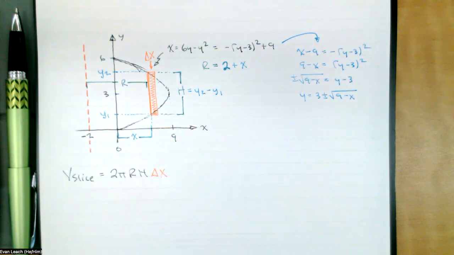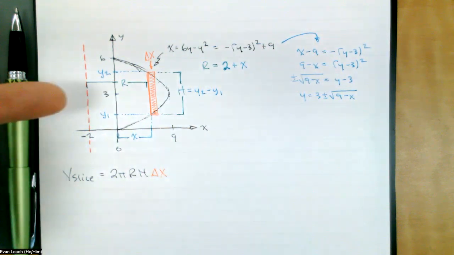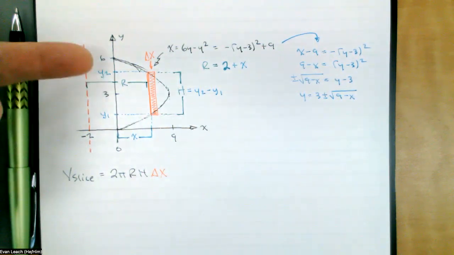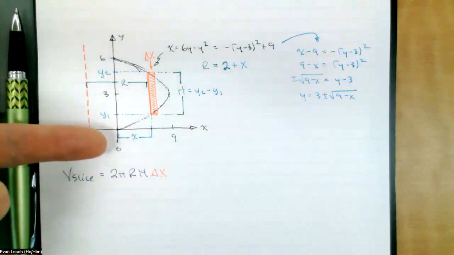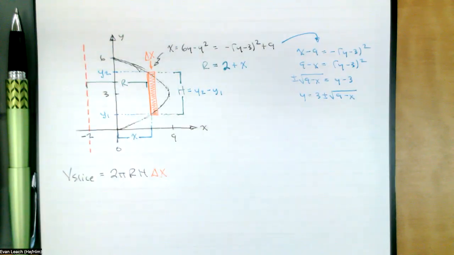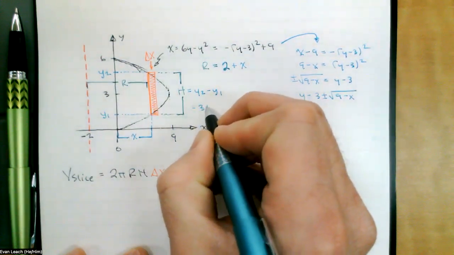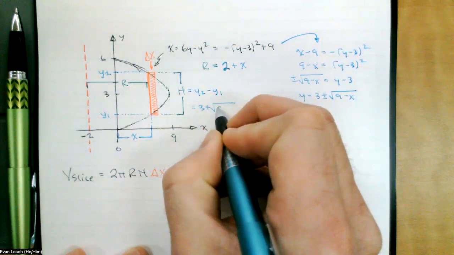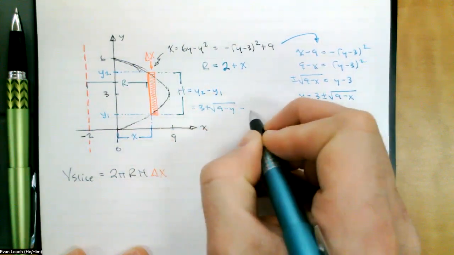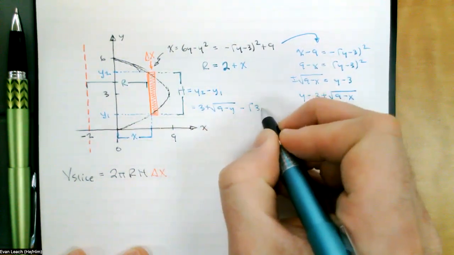We can see the 3 in the middle. We should have known that was coming. And then we're going to have plus the square root and minus the square root. So it looks like y2 is 3 plus the square root. And y1 is 3 minus the square root.